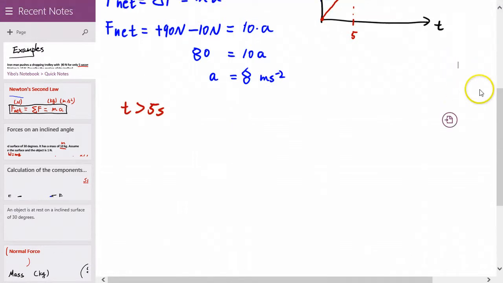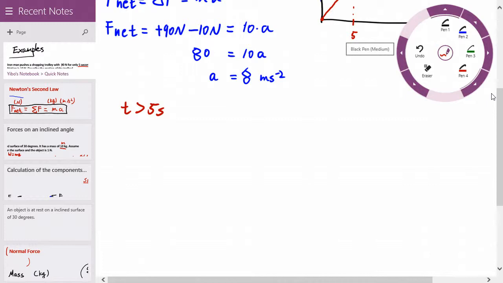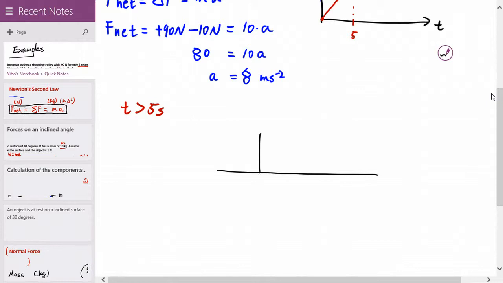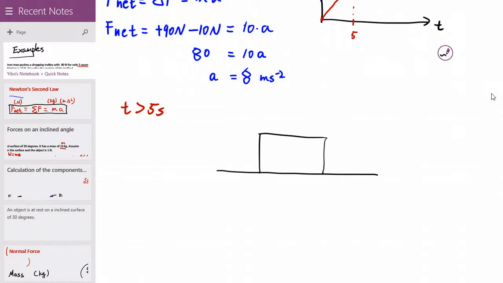If we draw another free body diagram after that, I only have a friction force here, which is 10 newtons. The driving force is gone, and I have my weight and my normal force.